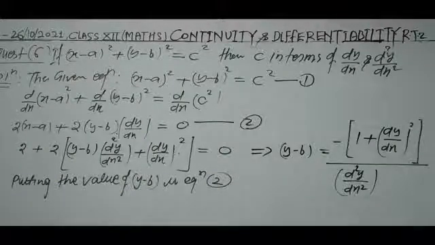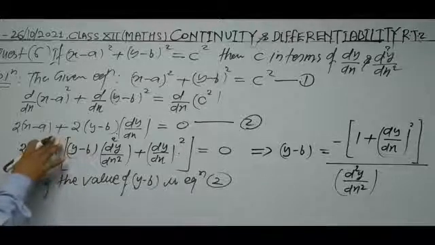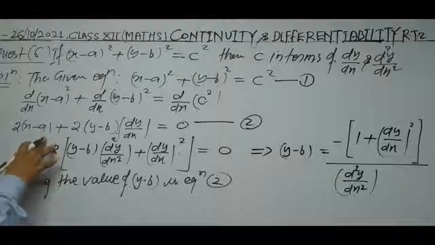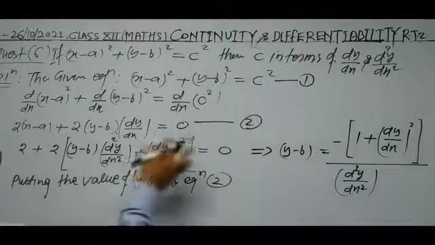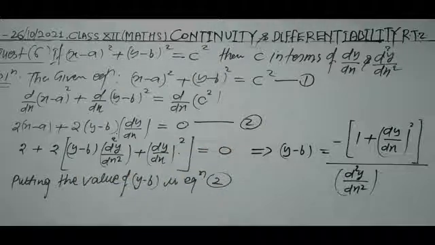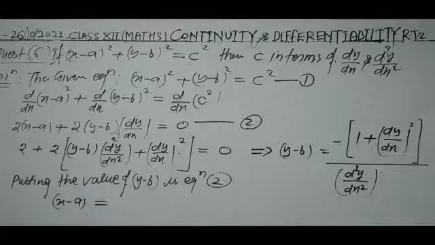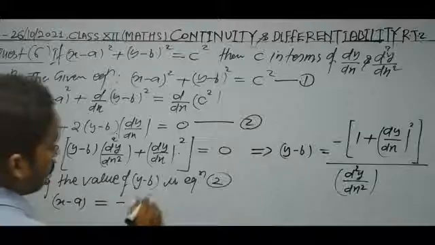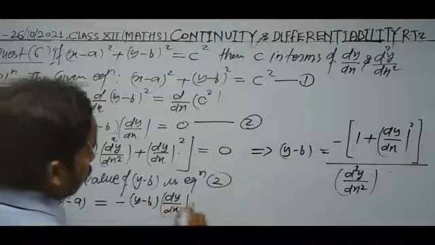We can get x minus a also. So the x minus a result will be equal to minus y minus b with dy by dx, and we can put its value.